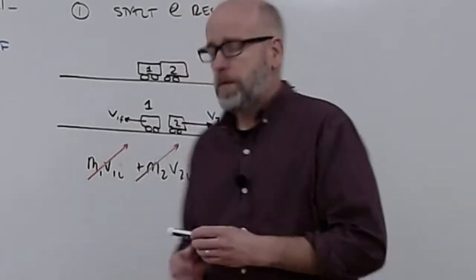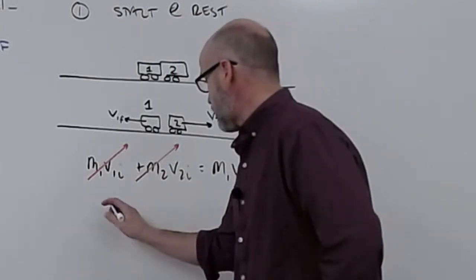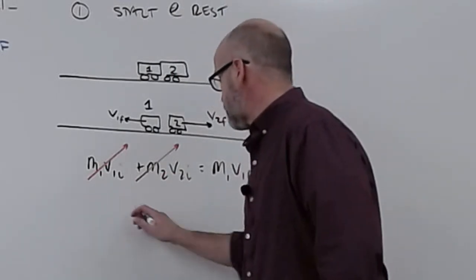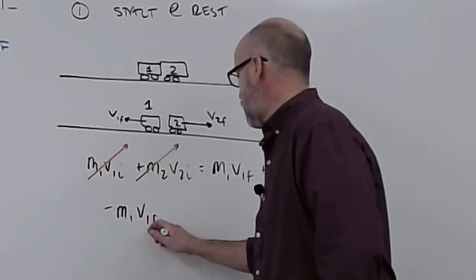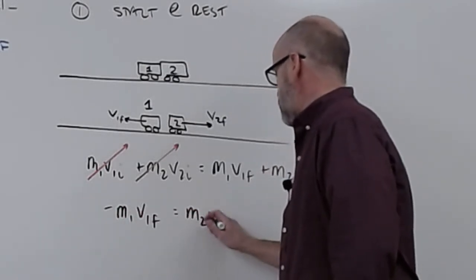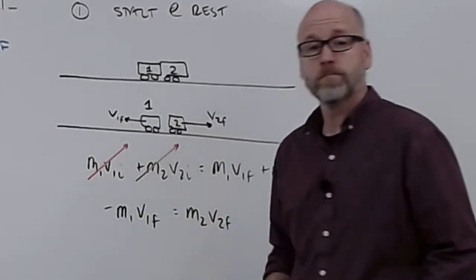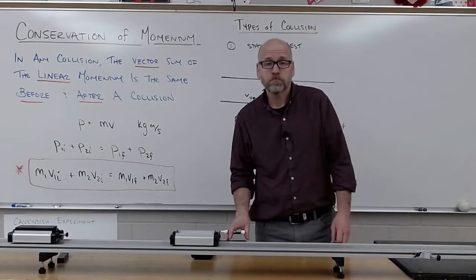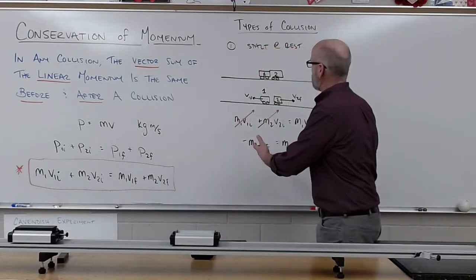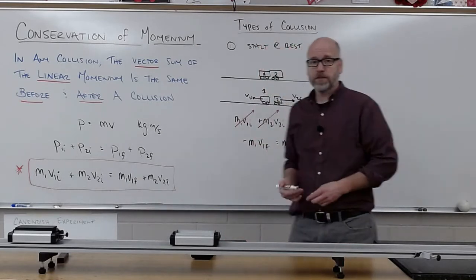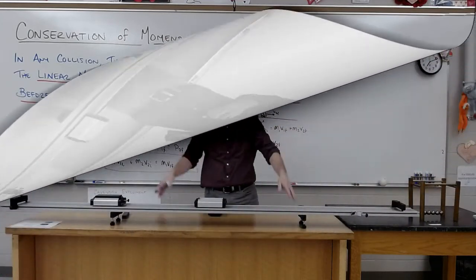And maybe to clean this up, I'm going to subtract this over, and I'm going to have negative M1V1 final equals M2V2 final. Ding, ding, ding. Piece of cake, huh? Yeah. It's also a classic type of problem when both objects start at rest. Later, momentum must still be conserved.